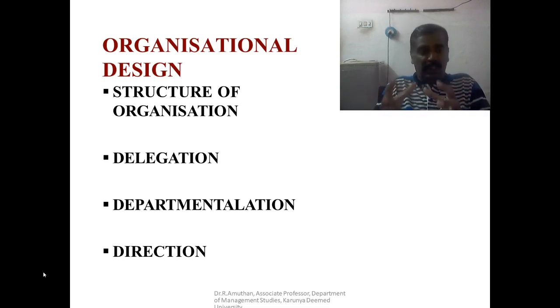This matrix organization is purely a departmentalization process, right? If you take one company, which functions are there? You have marketing, finance, HR, production, IT, law. So these are the departments, right?